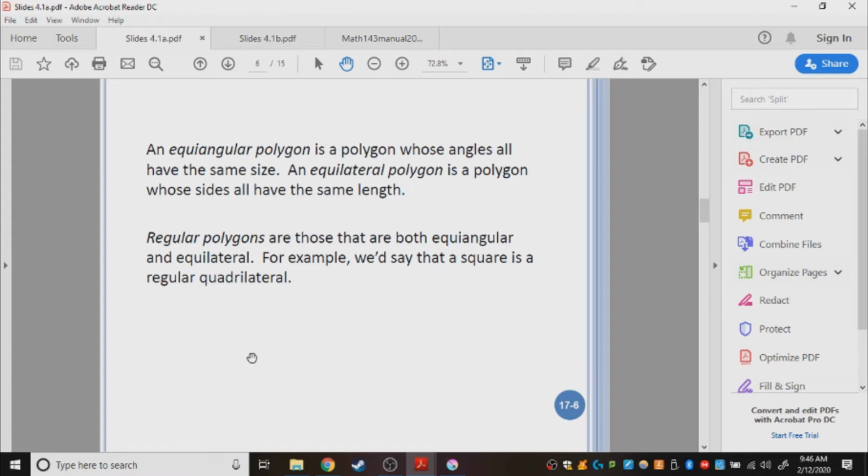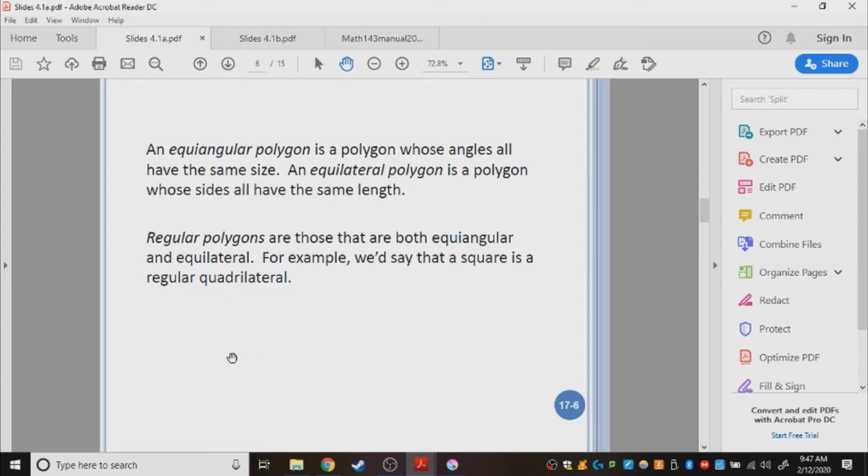And then if we have both of those requirements, we call it a regular polygon. Regular. So that's what I mean. We put words in front to classify it further. All right. Regular, equiangular, equilateral.